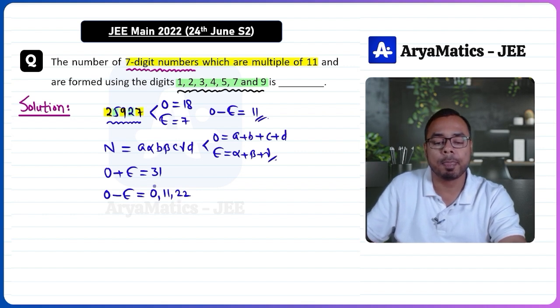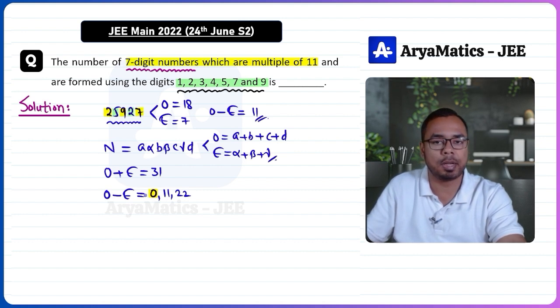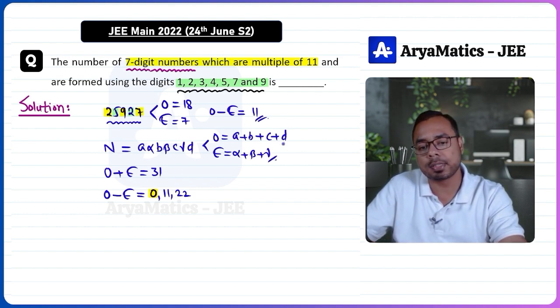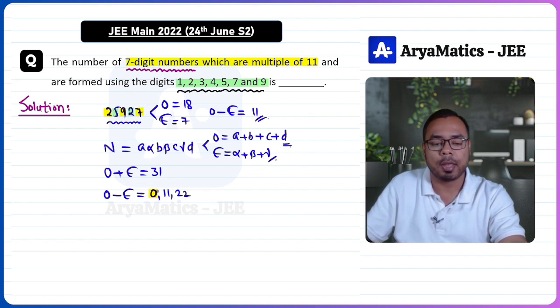Now let us consider the first possibility, that O plus E is 31 and O minus E is 0. If I add these two, 2 into O will become 31, which is an odd number, right? So that means O will be 31 by 2, but O represents the sum of 4 digits, so O cannot be a fraction.